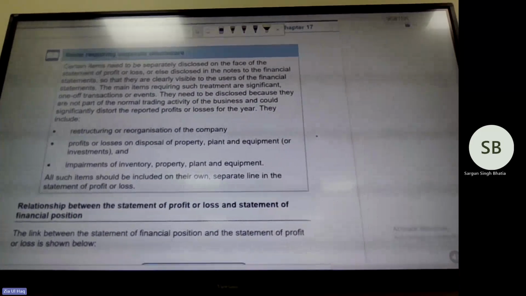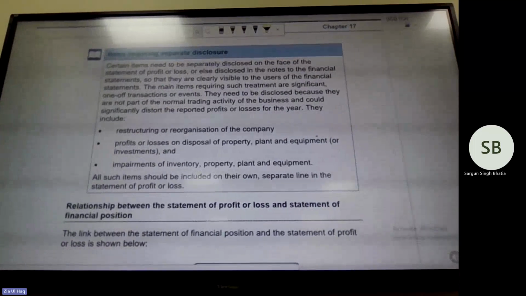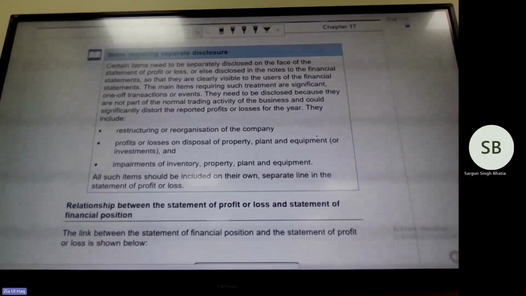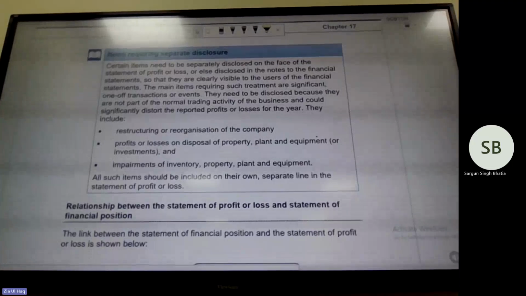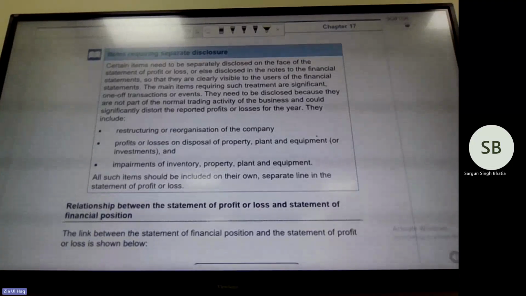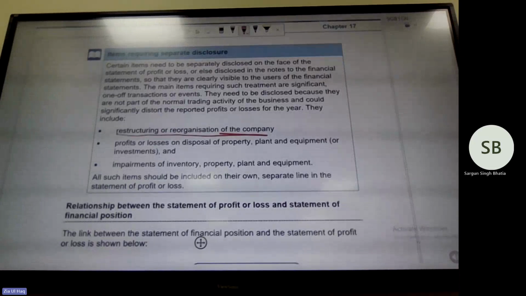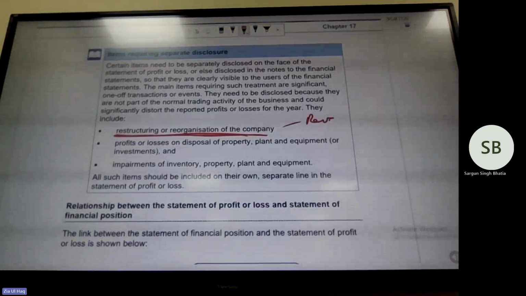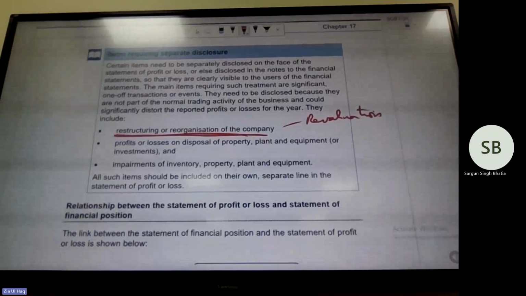In the financial statement, we need to provide some disclosures separately. What are the disclosures required? Restructuring or reorganization of the company, like revaluation. If there is any revaluation gain or loss, we need to mention it separately, with disclosure in the notes to the accounts.